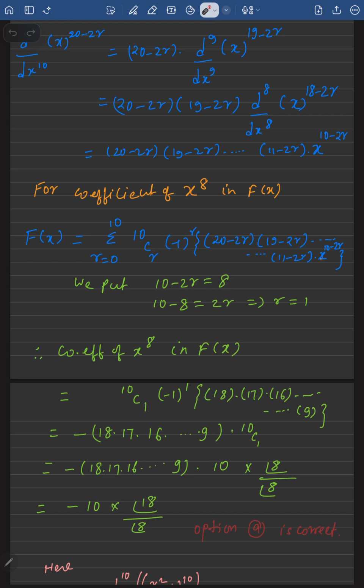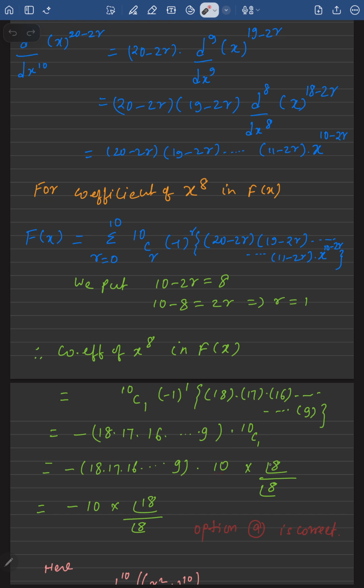And x power 10 minus 2r is 8, so x power 8, and that will be the coefficient. Minus 1 power 1 is minus, and 10C1 is nothing but 10.